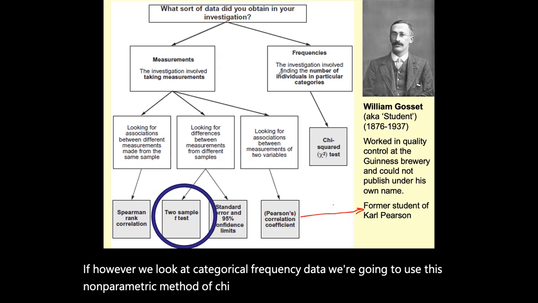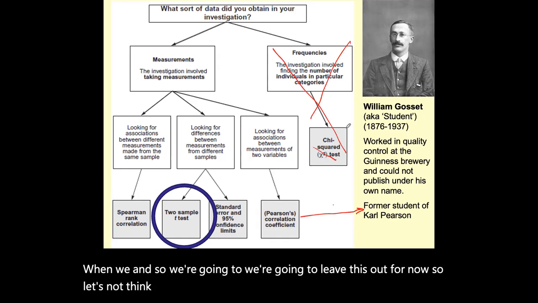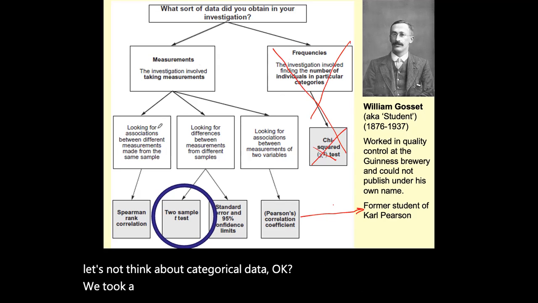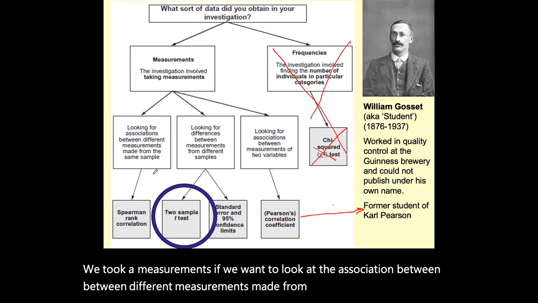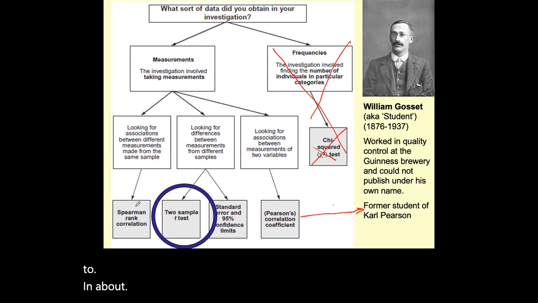So we're going to leave this out for now. Let's not think about categorical data. We took measurements. If we want to look at the association between different measurements made from the same sample, we're going to do what's called a Spearman's rank correlation, which we will get to in about another week.